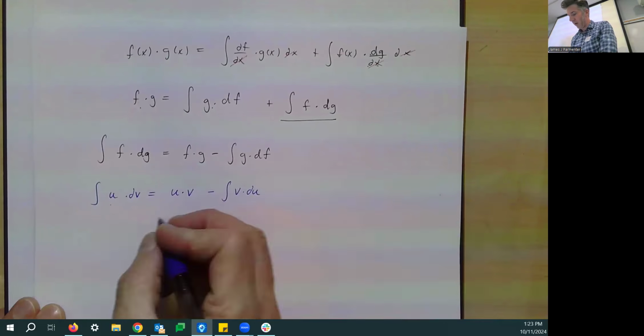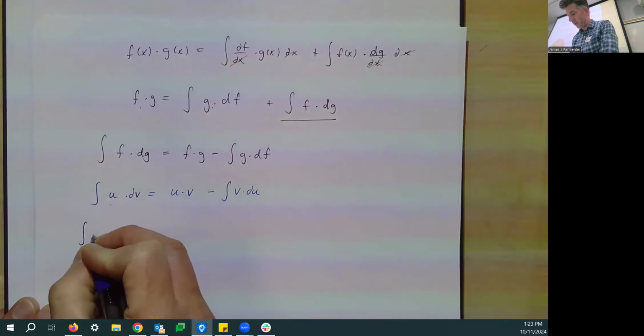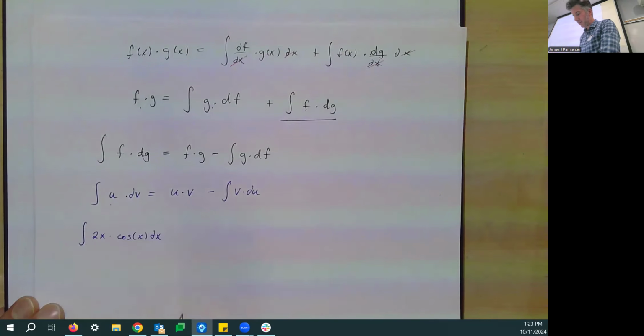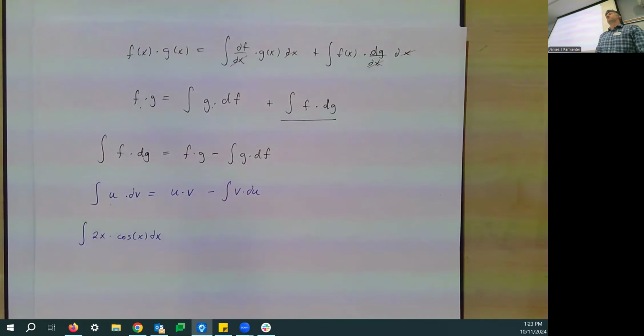Let's say that we're trying to find the antiderivative of 2x times cosine of x. There's some guidelines for how you should pick which part is u and which part is dv. Very generally, we pick u to be something that's going to get simpler when you take the derivative of it. And you want to pick dv to be something that doesn't get more complicated when you take its antiderivative. So I would pick u equal to 2x because its derivative is 2.